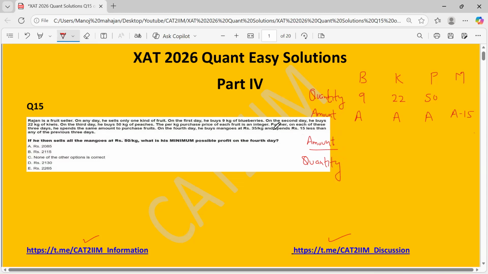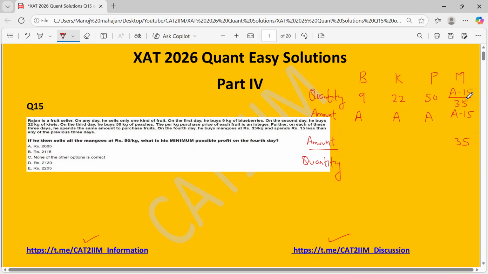So this is given for one of the fruit, that is mango. This is 35 given to us. So if we know the amount A minus 15 for the mangoes as per the problem, if I divide A minus 15 by 35, I would get the quantity, right?